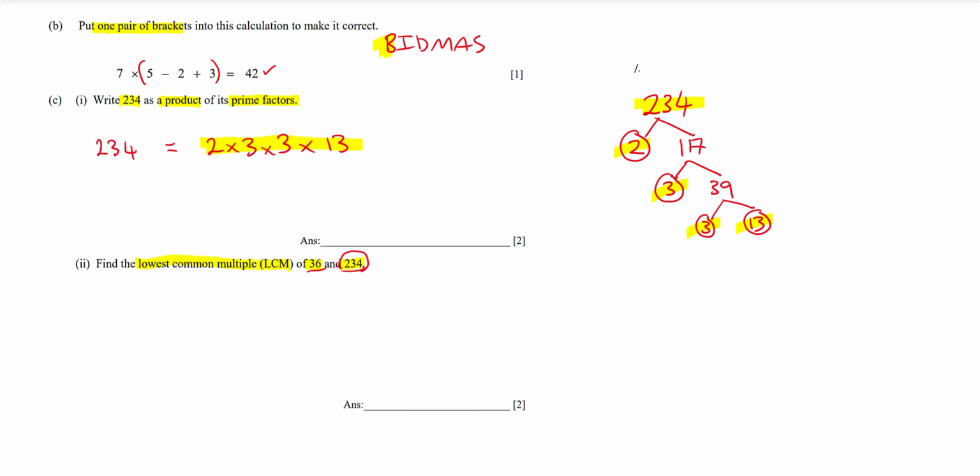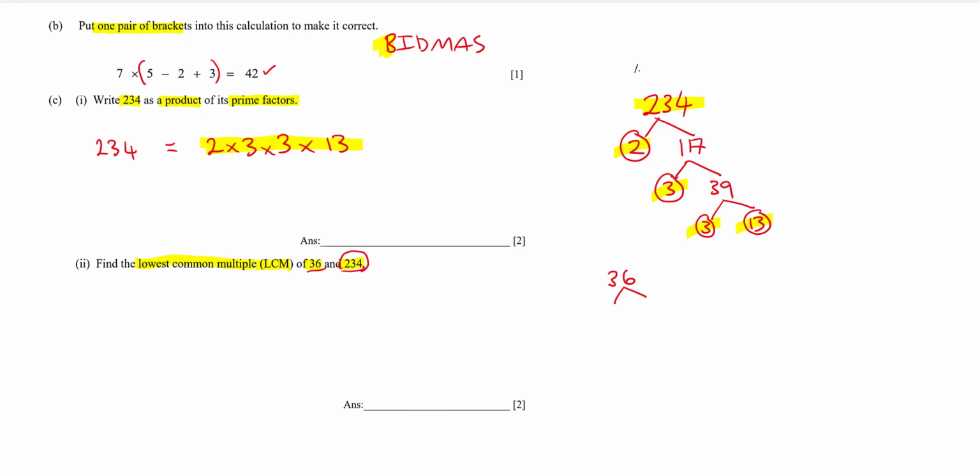We did that in question 1C, part 1. So we'll find 36 then as a product of its prime factors. So we'll do another factor tree. So we'll start with 36, and now we just need to find any two numbers that multiply together to give 36. You can pick any two, it doesn't matter at all.